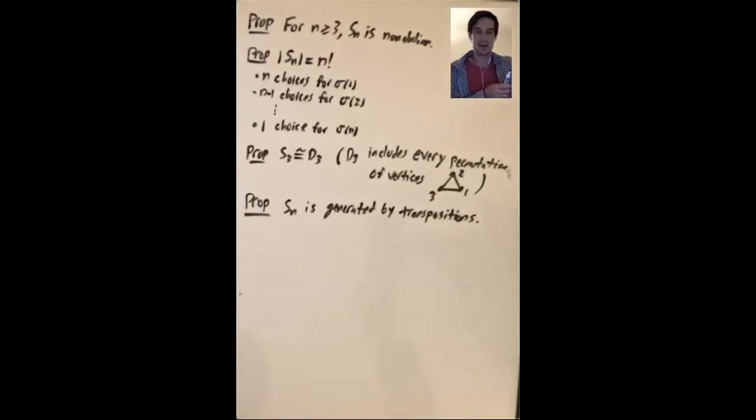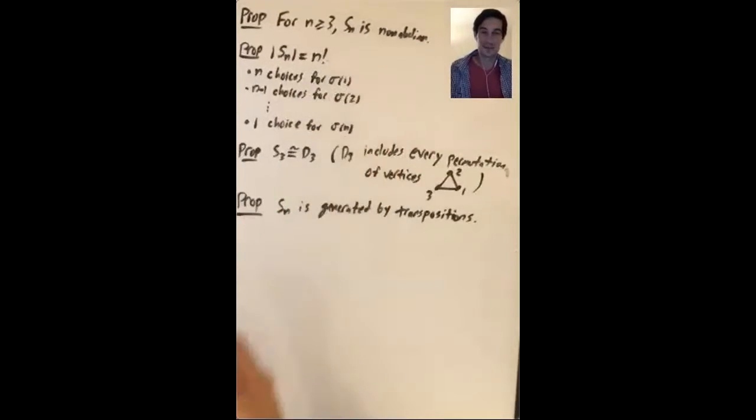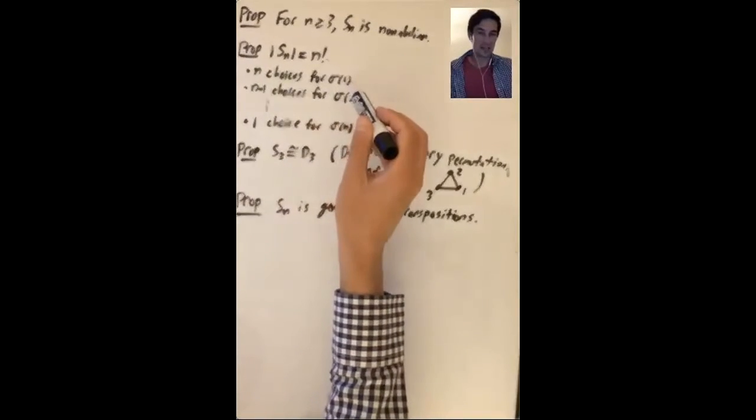So the next thing I want to say is about the size of this group Sn. It's n factorial. And why is that? Well, it's the group made up of all bijections from 1 up to n to 1 up to n. So you have n choices for where to send 1.